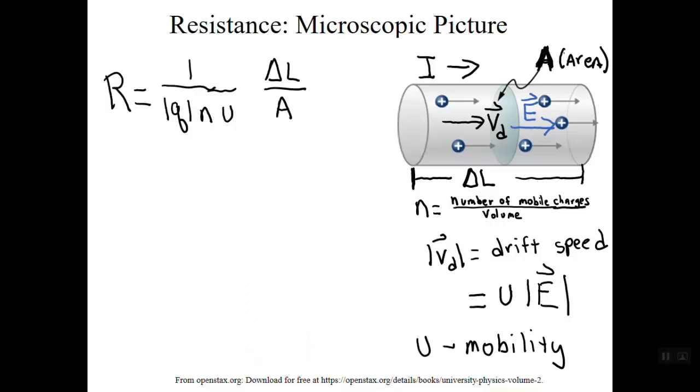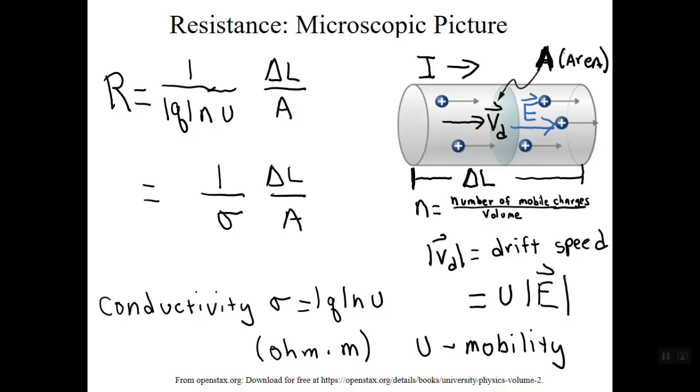Here we write out the expression for the resistance explicitly, which contains the geometry of the element, length delta L and cross-sectional area capital A, and material properties of the element, which altogether are commonly given the Greek symbol sigma and are called the conductivity of the material from which the element is made.